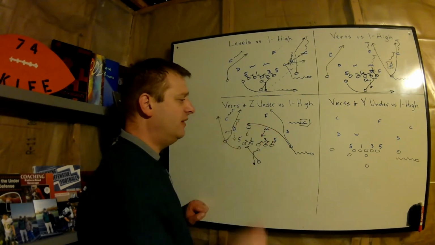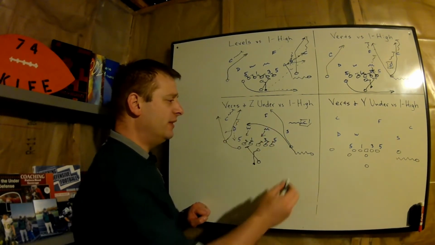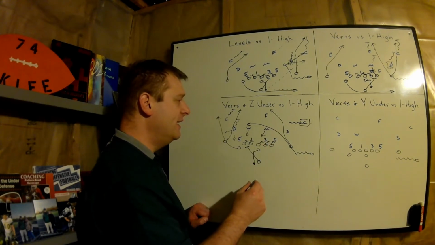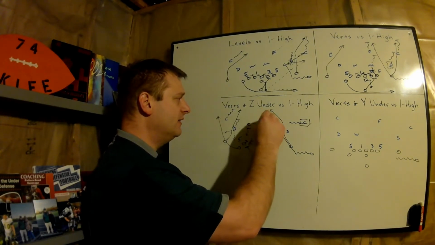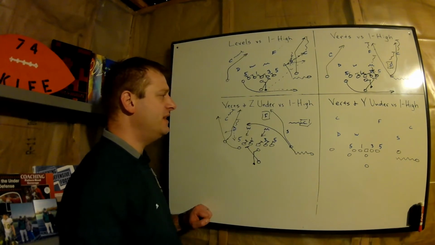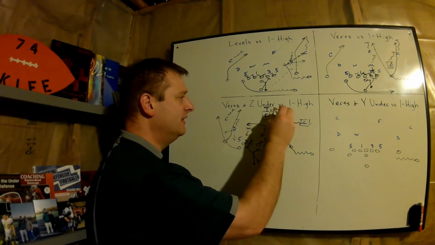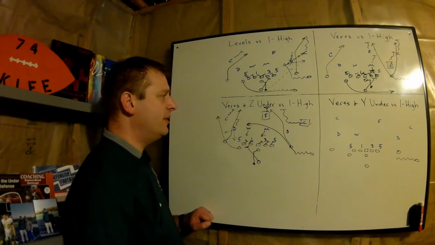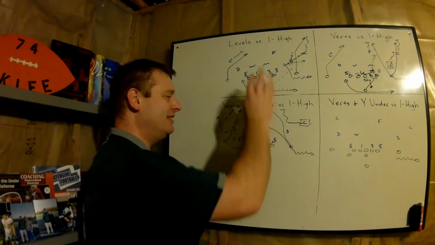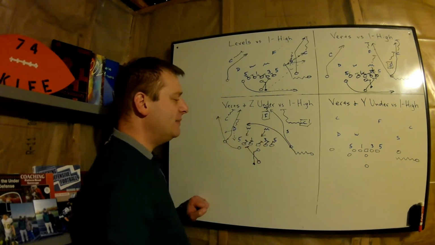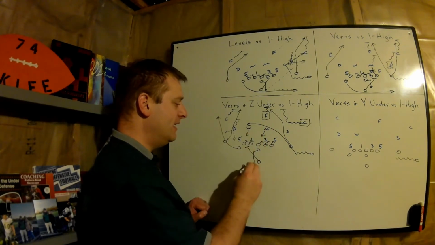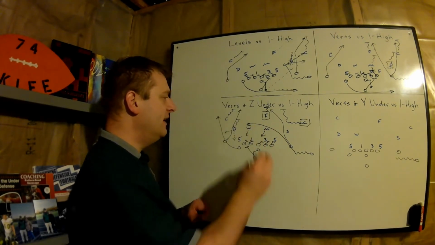There's a huge hole in the middle of the field here for the Z receiver to operate. So we'd be throwing opposite of what that free safety does. He should play and defend this post. Corner should be squeezing that post on the backside. That post is to clear both those guys out. The inside linebacker steps up because it's play action, and it should be a real easy throw and potentially catch and run.